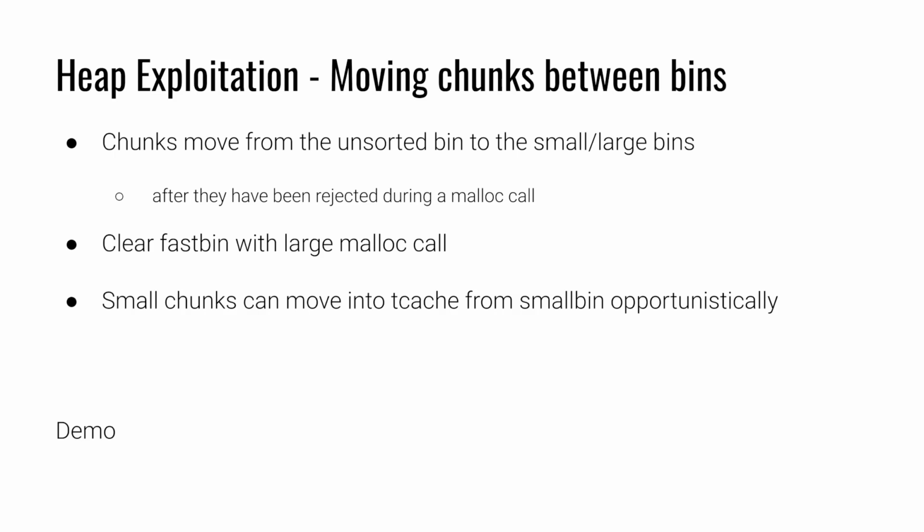If the tcache is empty, but there are small chunks in a small bin, and you're accessing that small bin right now, the allocator will reason that, since we are already accessing this small bin, let's take advantage of the fact that we're here to load up the tcache with up to 7 small chunks from that specific size bin that is being accessed. And we can take a look at how that works.